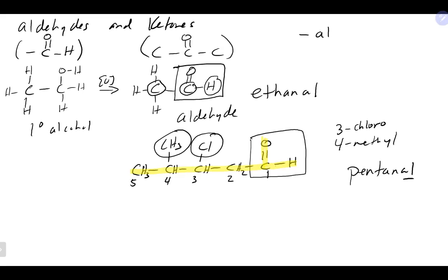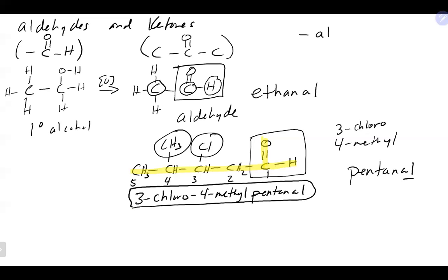And just like before, in alphabetical order, this would then be known as 3-chloro-4-methylpentanal. Any questions on that name there? So always it's on the end, and that always is carbon number 1.